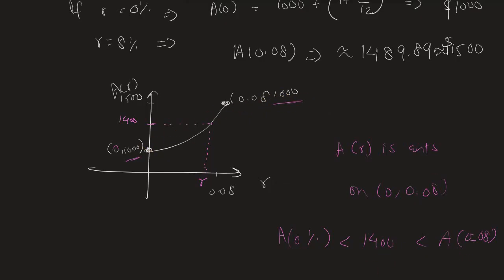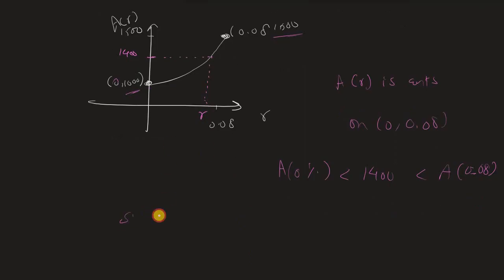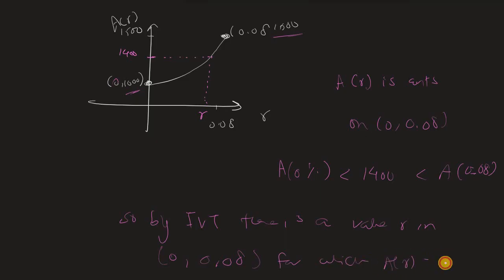So we can conclude, by IVT, there is a value R in the interval from 0 to 0.08 for which A of R equals 1400. So that's pretty much it for this IVT theorem.